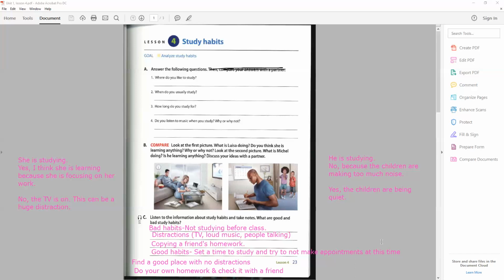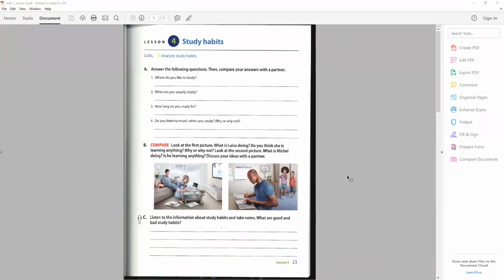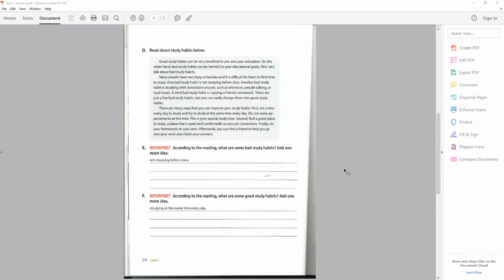Let's go ahead and look at, I have to clear this. Let's look at our next page. It says D, talk about the study habits below. Before we do that, I want to look at some of these words. For example, beneficial, harmful, distractions.